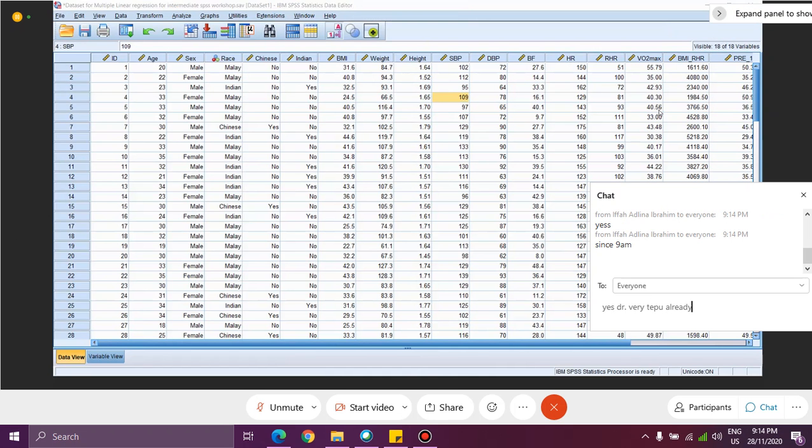Since 9 a.m. Hat-trick lah. Very tepu already. Jaga-jagalah, jangan duduk bawah sprinkler lah. Kalau ada sprinkler pemadam api kat atas tu, jauh-jauh sikit lah. Panas sangat nanti kan. Tomorrow pun sama.